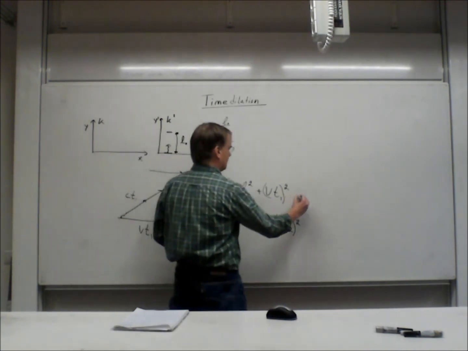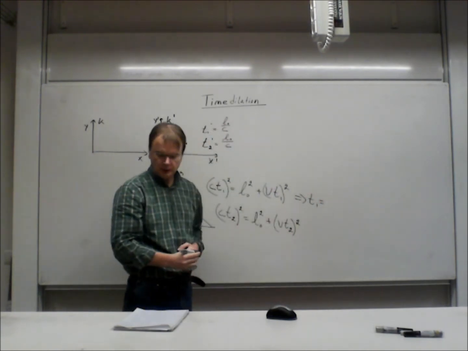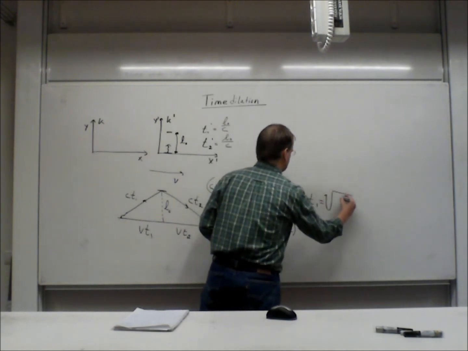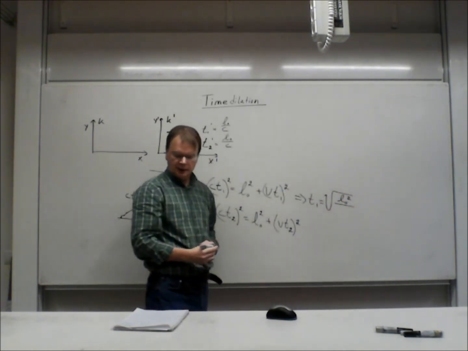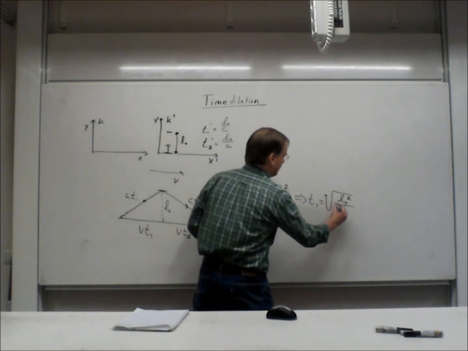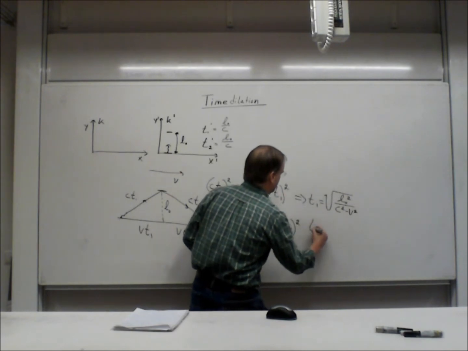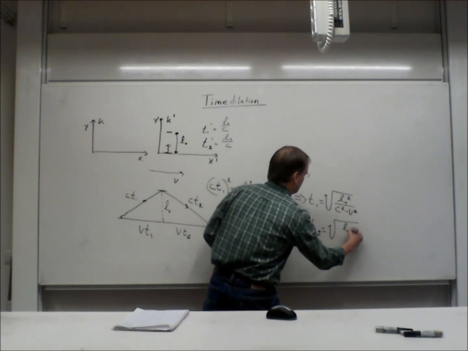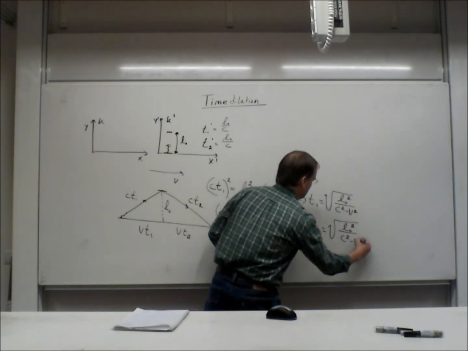And from this we get t1 equal to the square root of L0 squared divided by (c squared minus u squared), and t2 is equal to the square root of L0 squared divided by (c squared minus u squared).